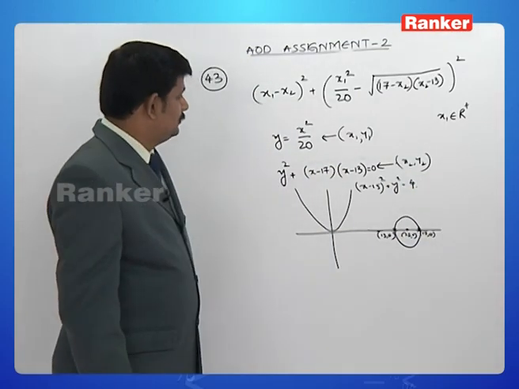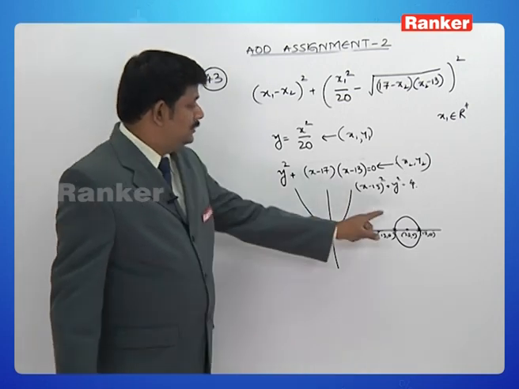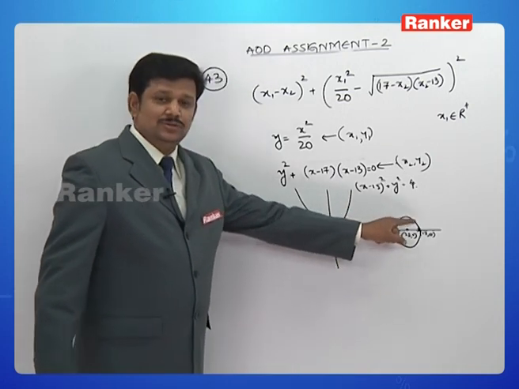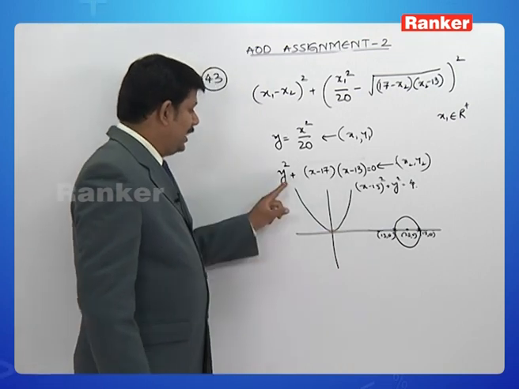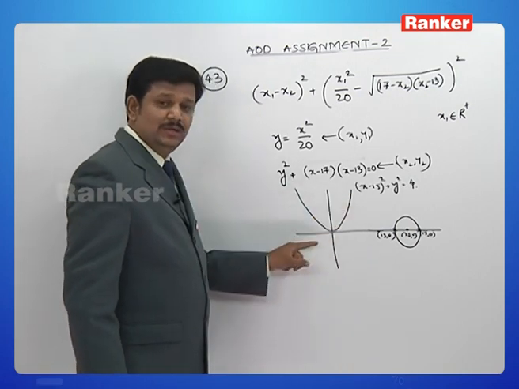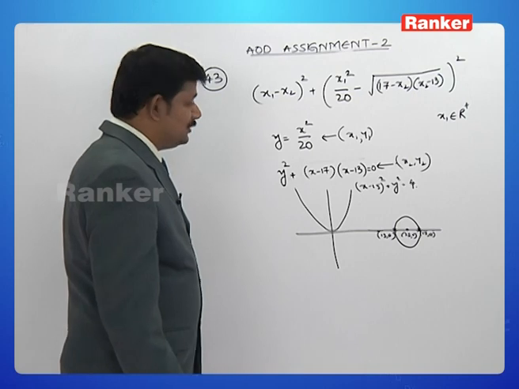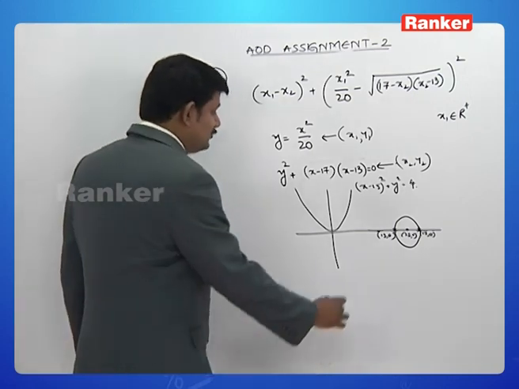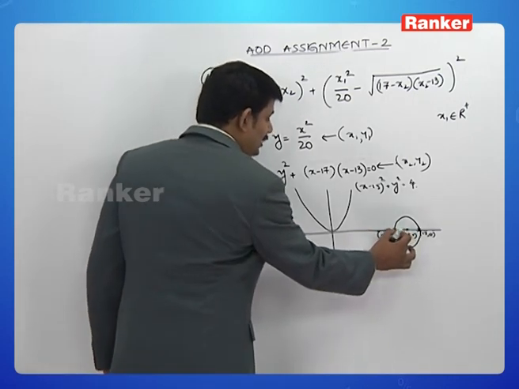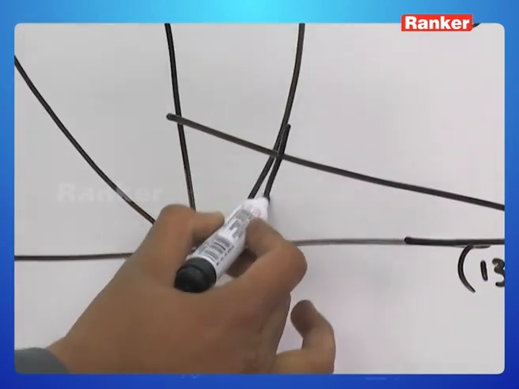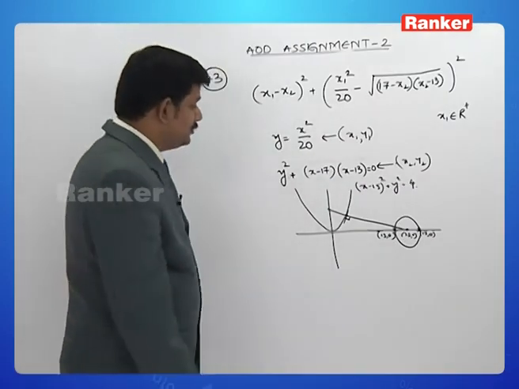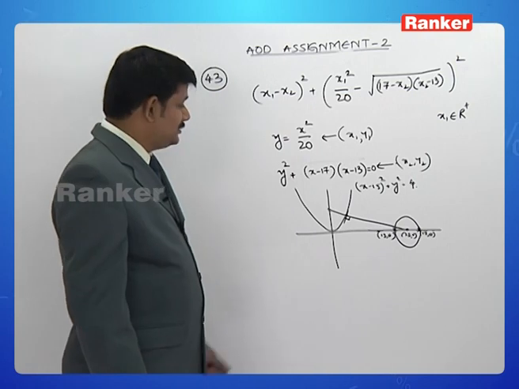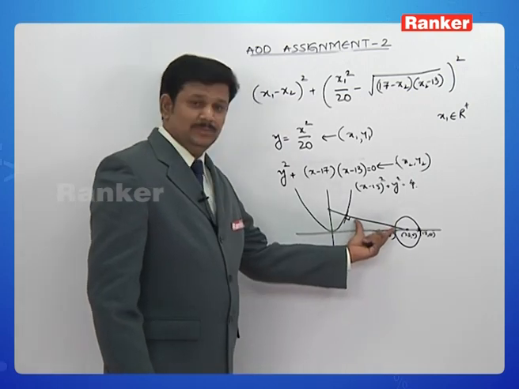Now we want some point x2 comma y2 on this circle and x1 comma y1 on the parabola. We want the distance between them to be least, and the distance between any 2 curves will be least along their common normal.